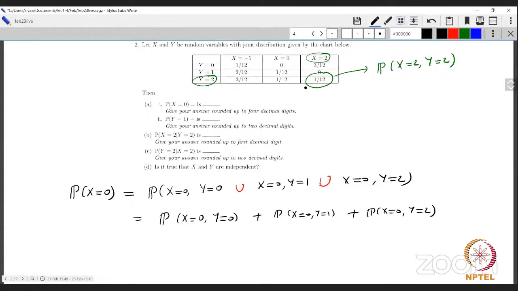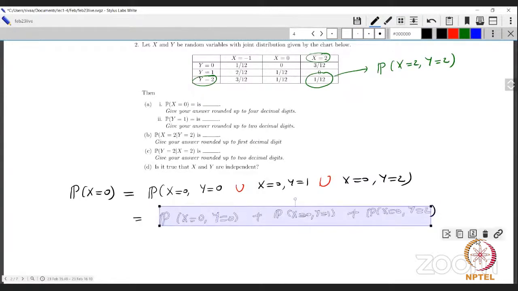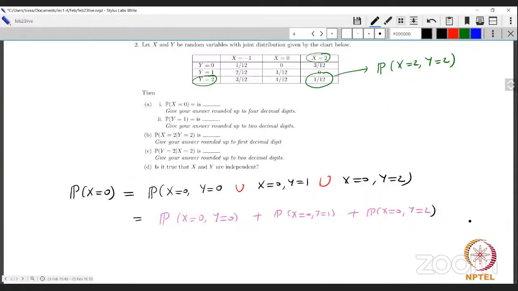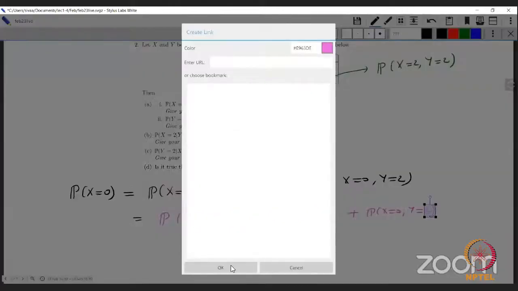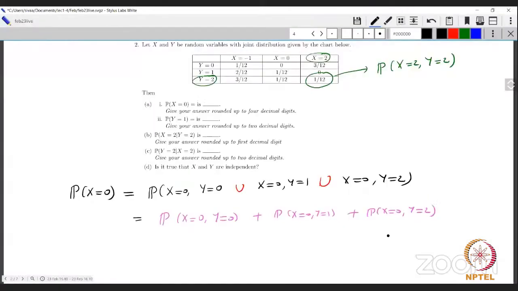So now the idea is that if I want this answer, let me mark it in purple. If I have x0 y0, x0 y1, x0 y2, all I have to do is sum up this column, and I'll get the answer.